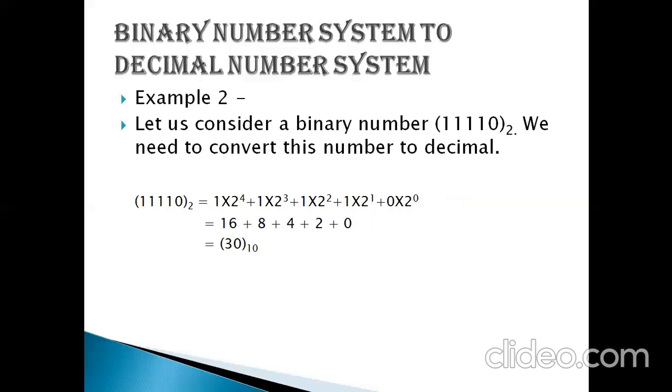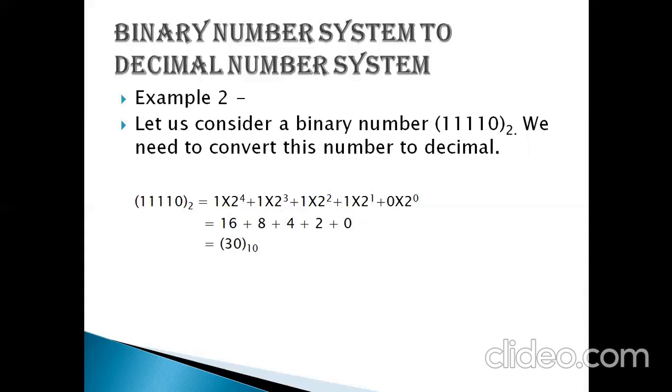So you can see the first number 0, that is the LSB has position 0, and the MSB has position 4. So in a similar fashion, what we have to do is we have to multiply 1 with 2 to the power 4 plus the next one with 2 to the power 3 plus the next one with 2 to the power 2 plus the next one with 2 to the power 1 and finally the last 0 with 2 to the power 0.